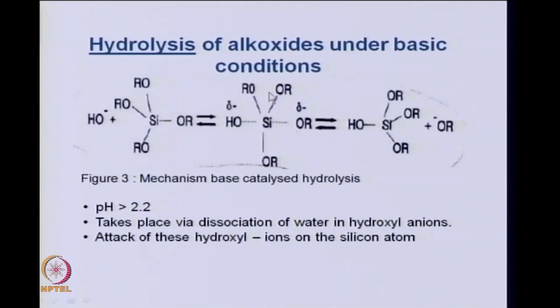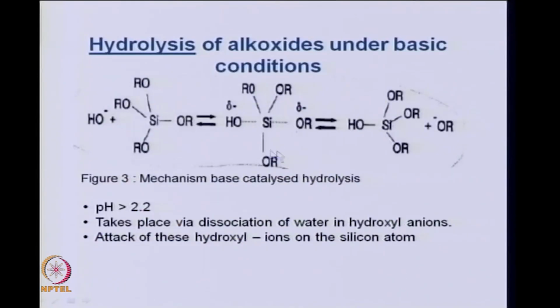Now, in basic conditions, the OH minus group attacks the tetra alkoxide silane, and you get this kind of OH delta minus charge here, and this also gets an OR delta minus charge, and then this OR minus leaves, and you are left with a new silicon hydroxyl linkage.